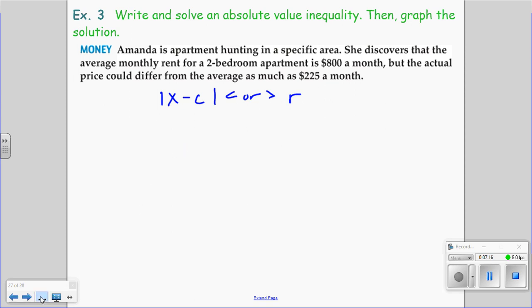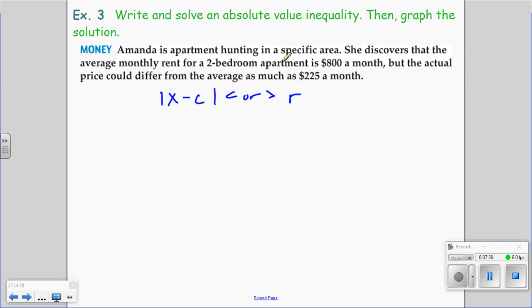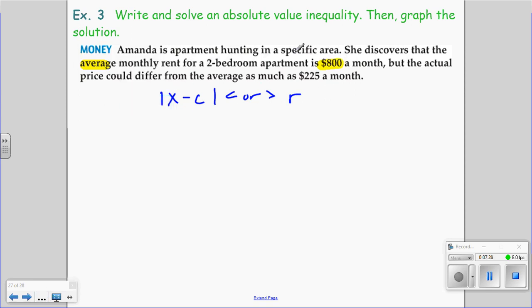So in this situation, it says average, that's your central, is 800. So that's C. And then it says actual price could differ as much as 225.